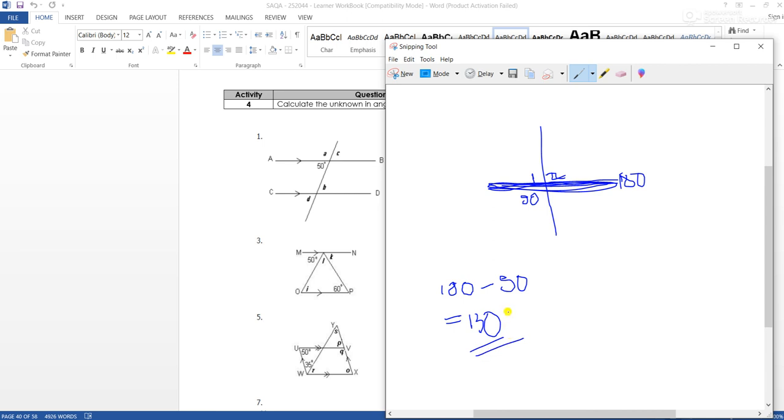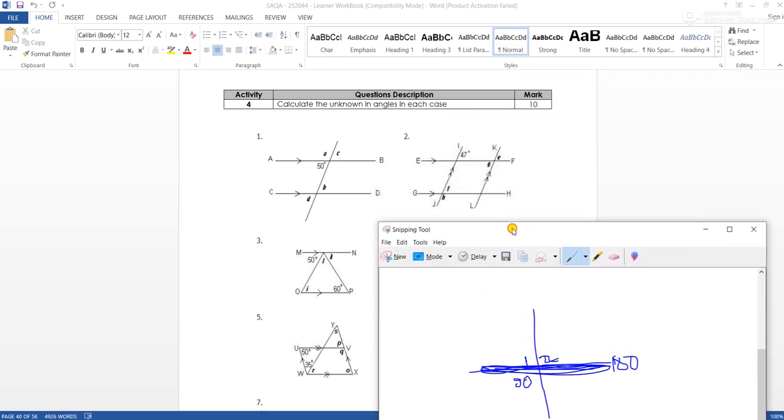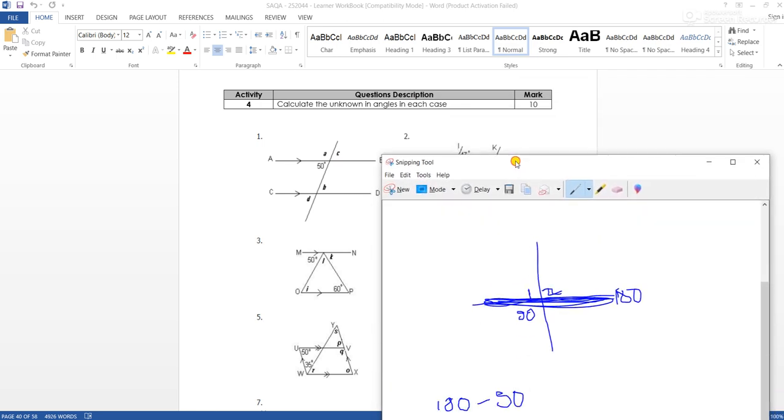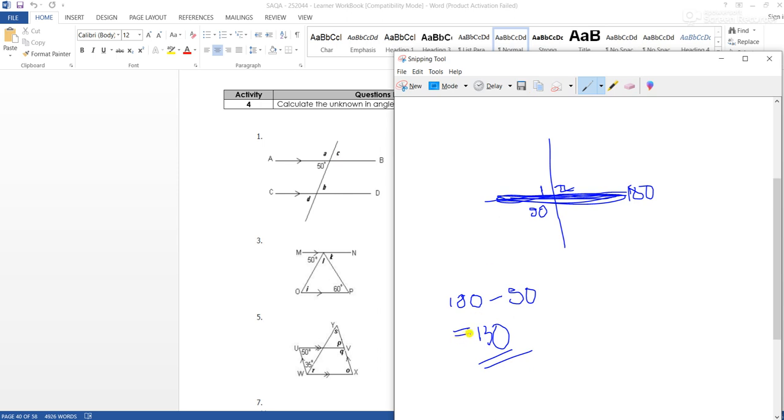So we know that AC lies on the 180 x-axis, and in order for us to get the unknown angle A, we minus: 180 minus 50 gives you 130.